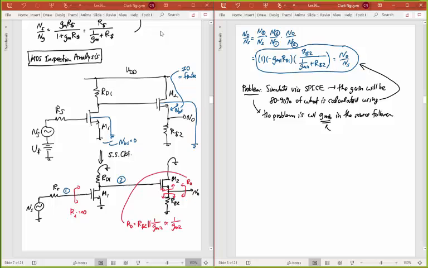Okay, but of course GMB, right, this is the difference between bipolar and MOS, specifically between the bipolar and MOS hybrid pi models.